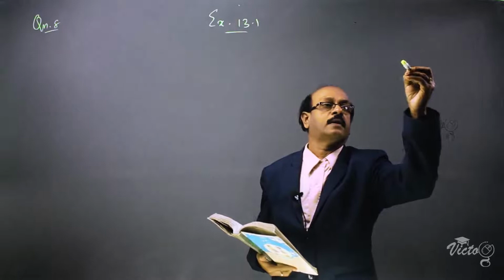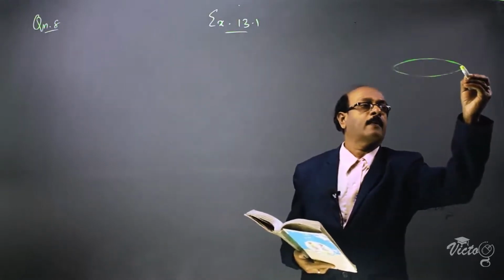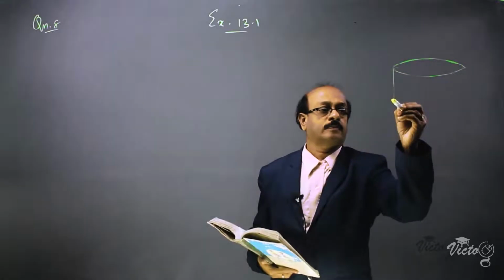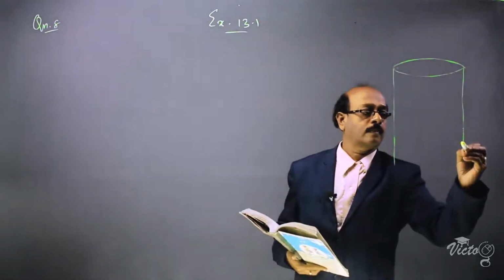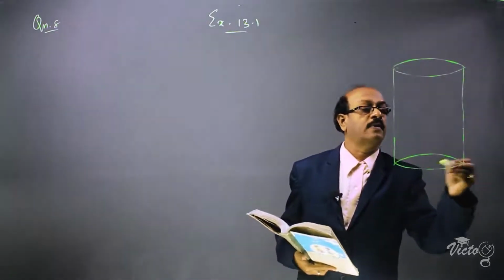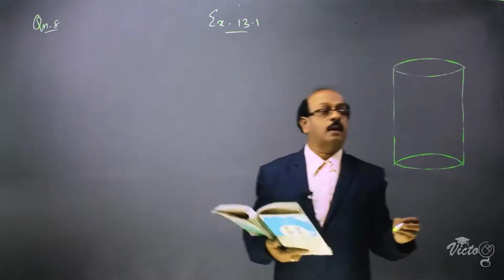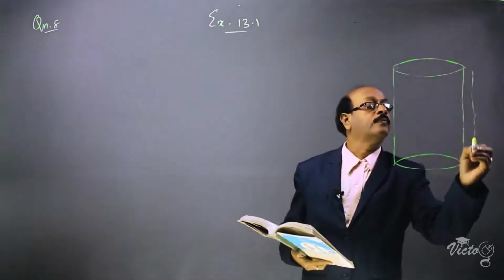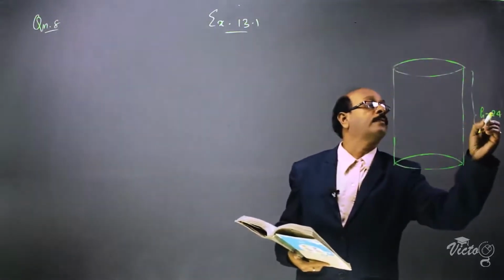Here is a cylinder. Let this be the given cylinder whose height h is equal to 2.4 centimeter.